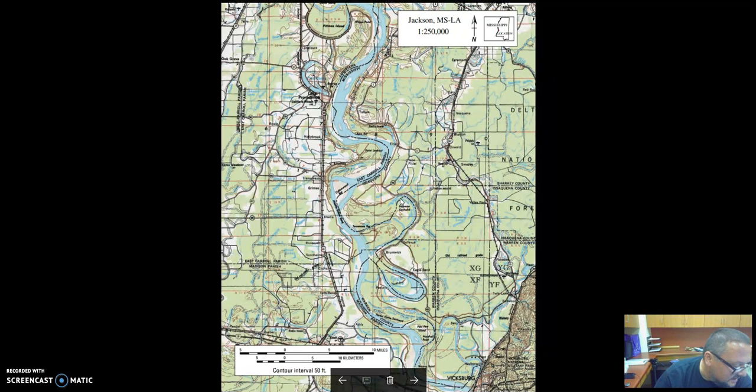So what the question is asking is what natural feature shown on the map suggests that the channel of the river once followed a course between the boundary course and the present course. Well, here's the boundary course, here's the present course, and it's asking what natural feature suggests that at some point the river flowed between these two. Right here, you can see there's an oxbow lake between the boundary course and the present course.